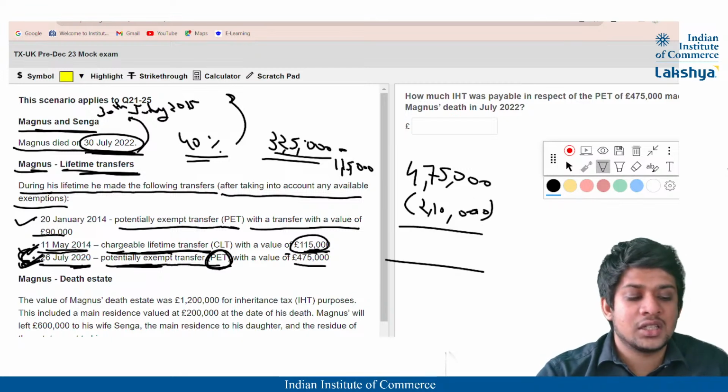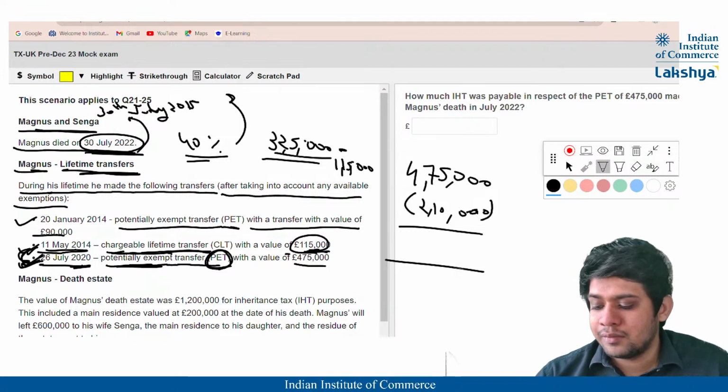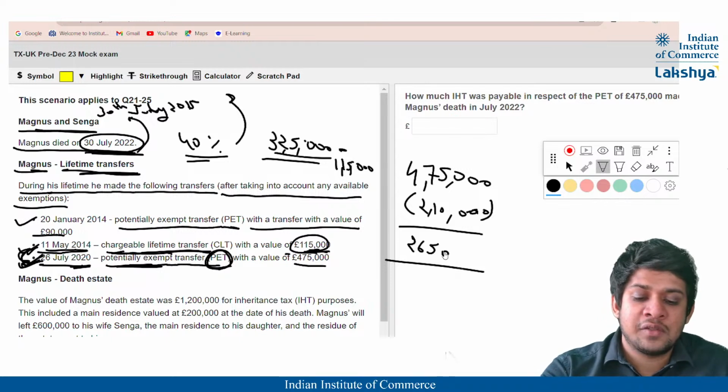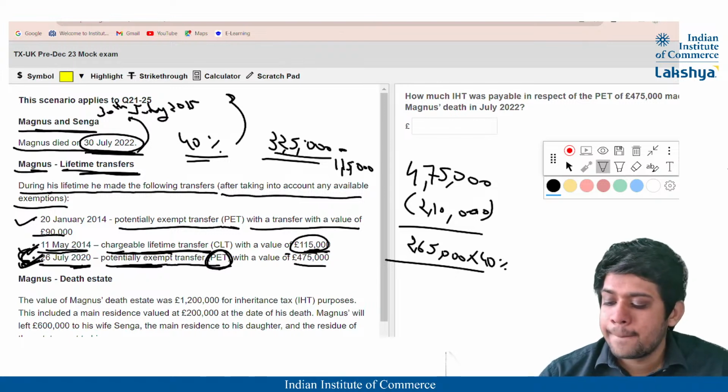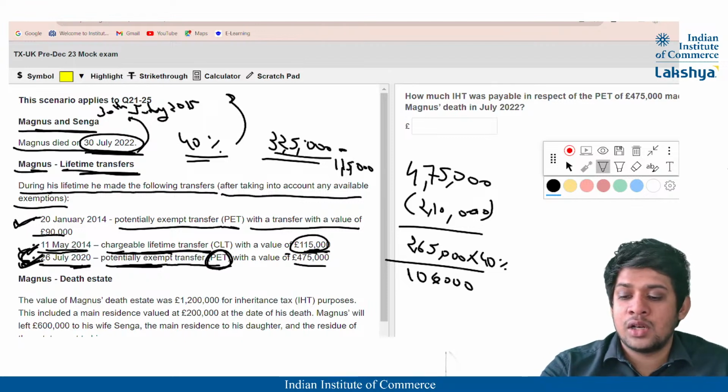So the remainder will be chargeable. It will be 4,75,000 minus 2,10,000, which gives us 2,65,000. On this, 40% tax will be paid, so it will be 1,06,000. Always remember, guys, this will not be considered, because we have to calculate the death tax.